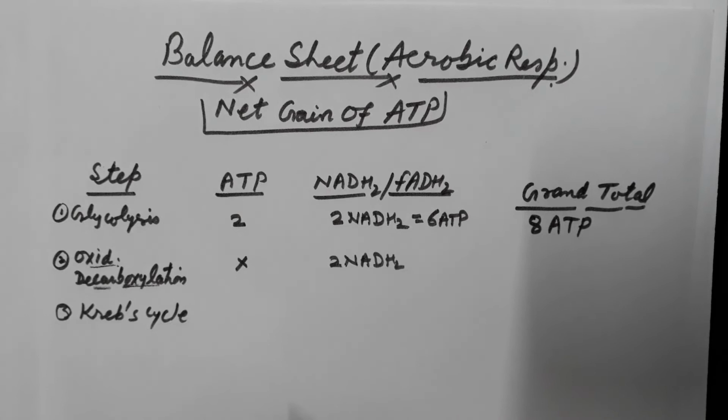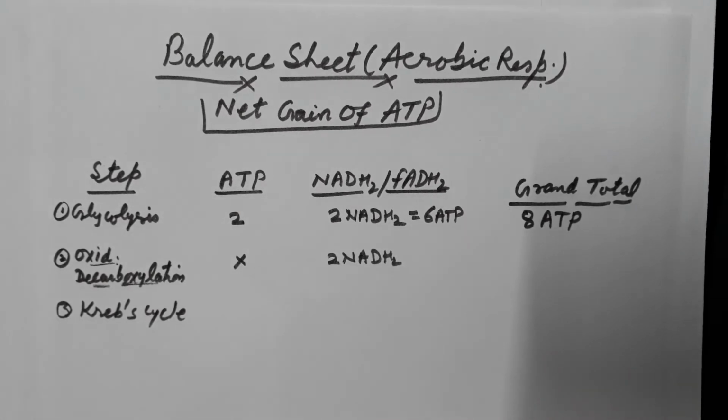When 1 molecule of pyruvic acid is converted into 1 molecule of acetyl coenzyme A, 1 NADH2 is produced. But the 2 pyruvic acids we obtain by glycolysis are converted into 2 molecules of acetyl coenzyme A. So in this step 2 molecules of NADH2 are produced.